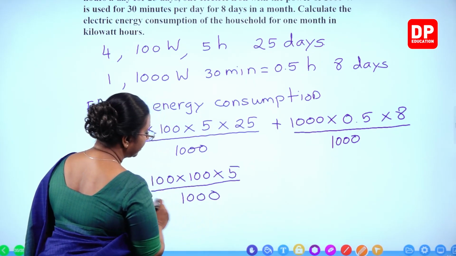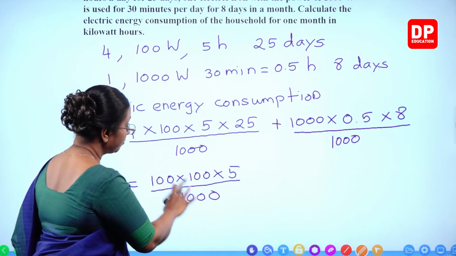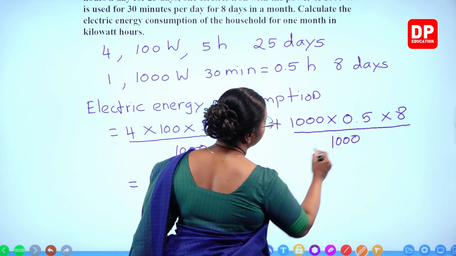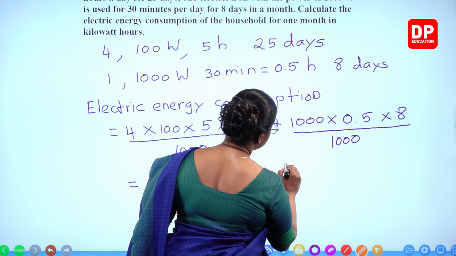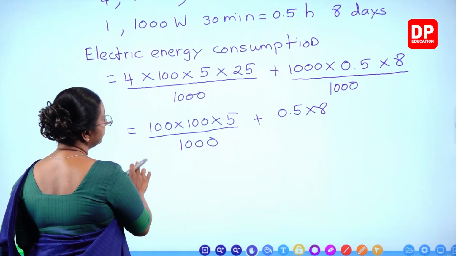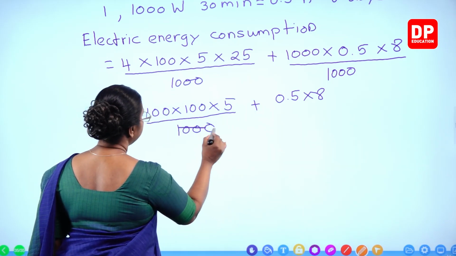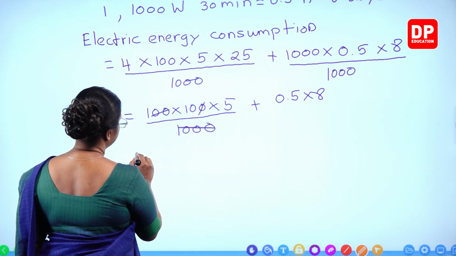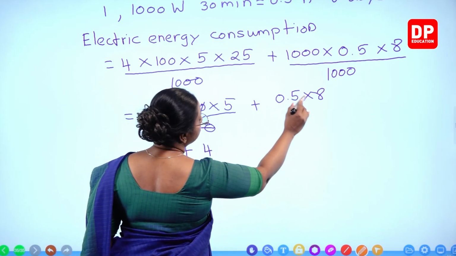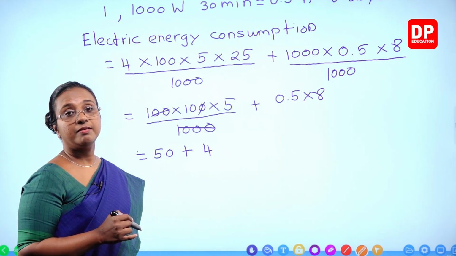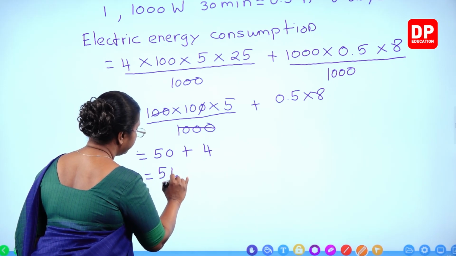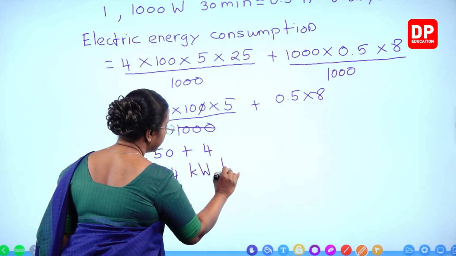You can do the calculation and write the final answer, or you can go in steps, whatever is easier for you all. So here of course I can simplify 1000 and 1000, 0.5 into 8. So this is going to be, if we simplify, 50 plus 4. 0.5 into 8, 4. 5 into 8, 40, so it's 4. So totally it is going to be 54 kilowatt hours.